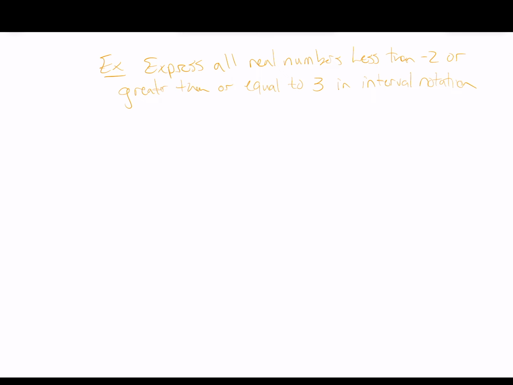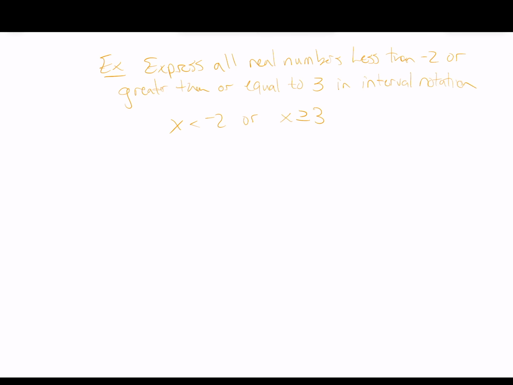Now I want to draw your attention to the fact that we have an or inside of this statement. We need all of the real numbers less than, so x less than -2, or x greater than or equal to 3.